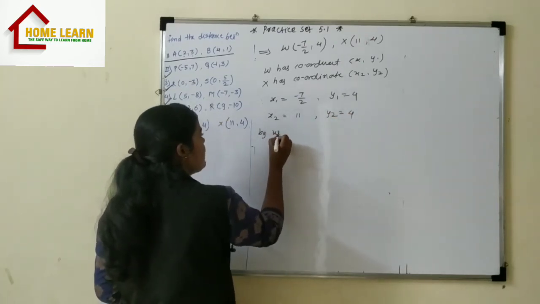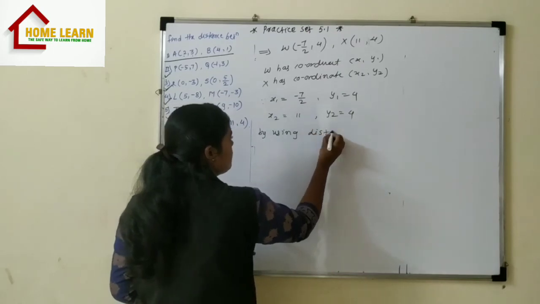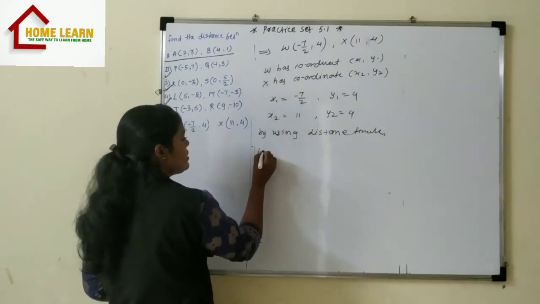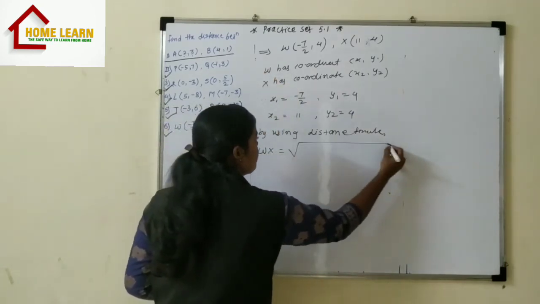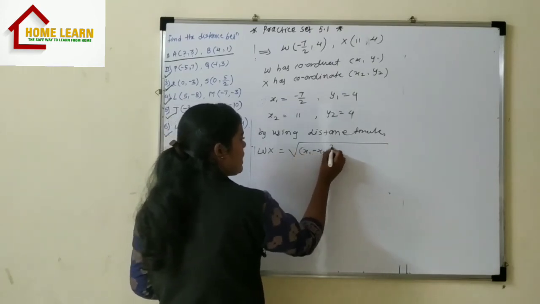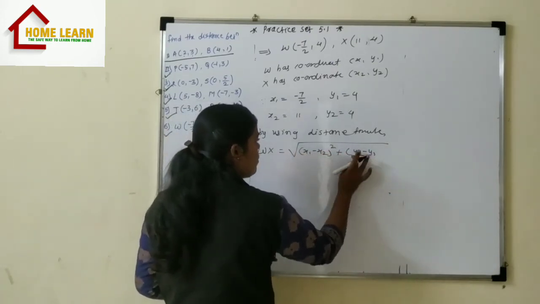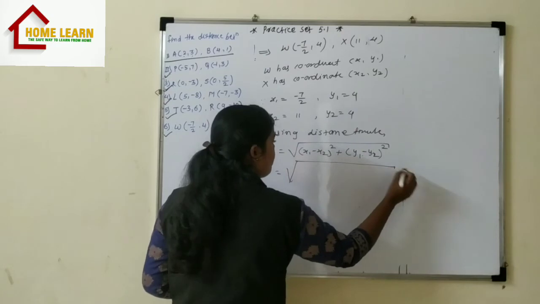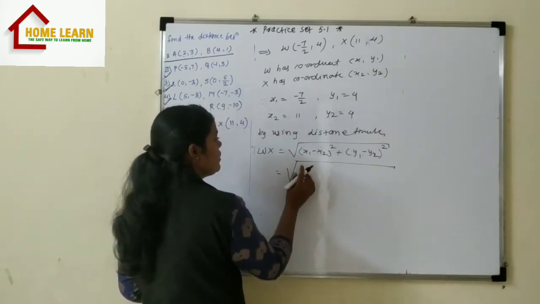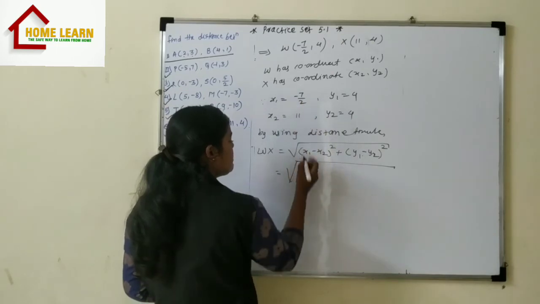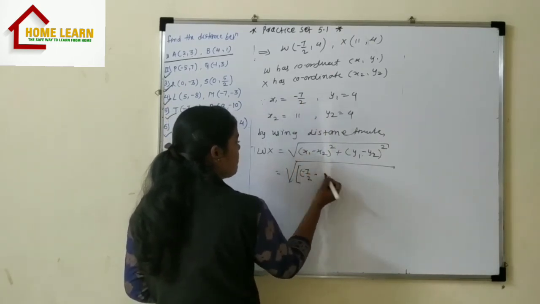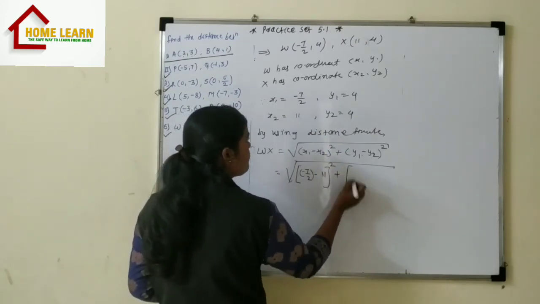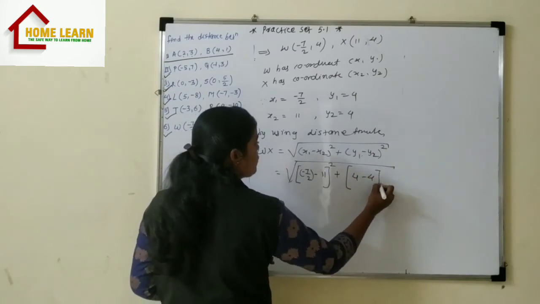By using the distance formula, we can find the distance between points W and X as (x1 minus x2) squared plus (y2 minus y1), or you can write (y1 minus y2), squared. Substituting the values of x1, y1, x2, y2, x1 is -7/2 minus x2 which is 11, squared, and here y1 is 4 minus 4, squared.